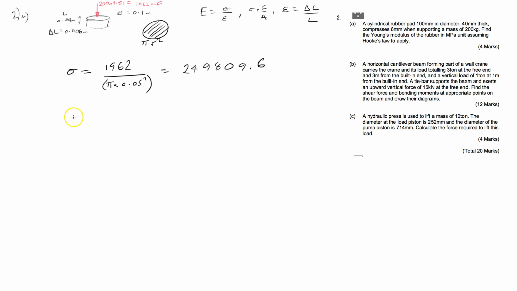Our strain is equal to the change in length over the original length, so that'll be 0.006 meters, 6 mil, divided by 40 mil, 0.04. Stick that into the calculator, and we get 0.15.